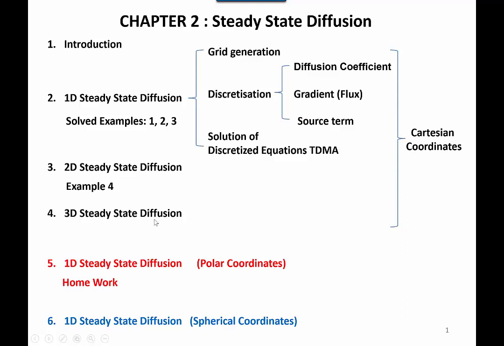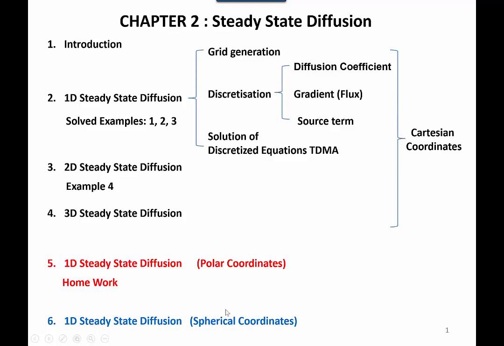As you see, all the black written text, we will cover in Cartesian coordinates, and the red one, that item we will study in the next lecture. It will focus on the polar coordinate system, which is the one-dimensional steady-state diffusion, and we will give you a homework also.